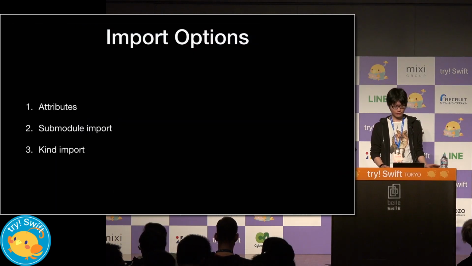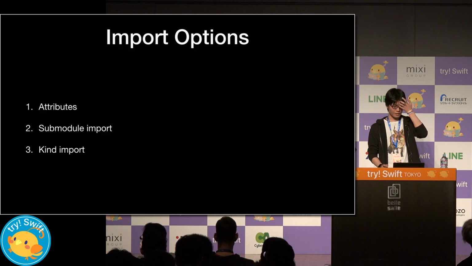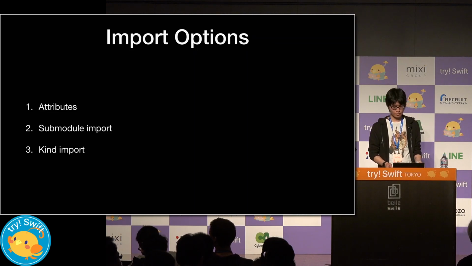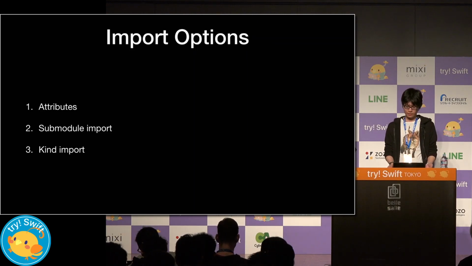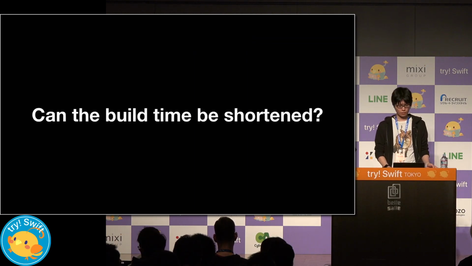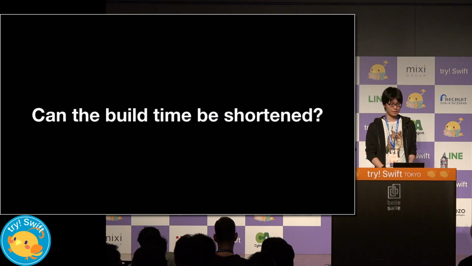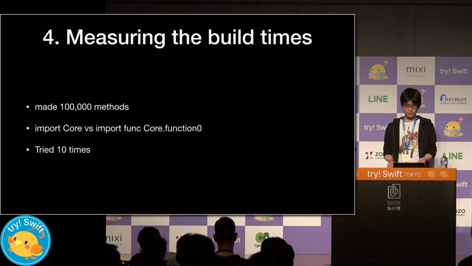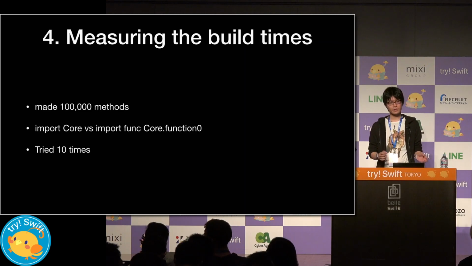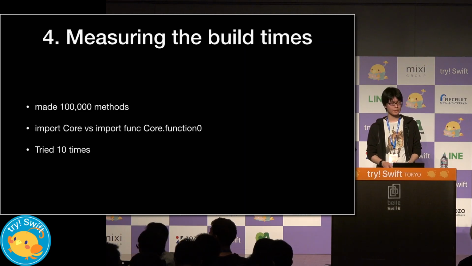Now I've covered the import options. Using them can be challenging. But let's look at some clear benefits. So let's measure the build time. I made 100,000 methods and then compared the build time when declaring the kind and not declaring it.